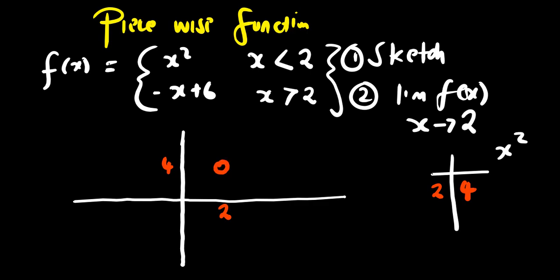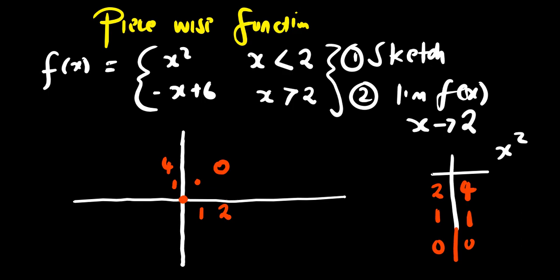Because x is less than 2, I'm going to be getting values that are less than 2. So now let me say 1. If I put 1 where there is x squared, that will just be 1 squared, which will just be a 1. So I have a point 1, 1. Then let's put 0. If I've got 0, I have a point 0, 0.